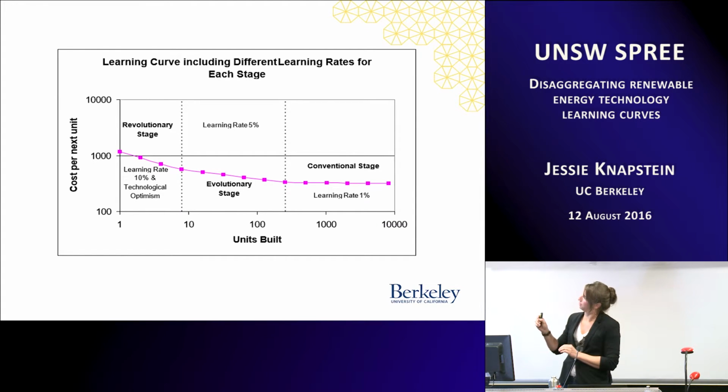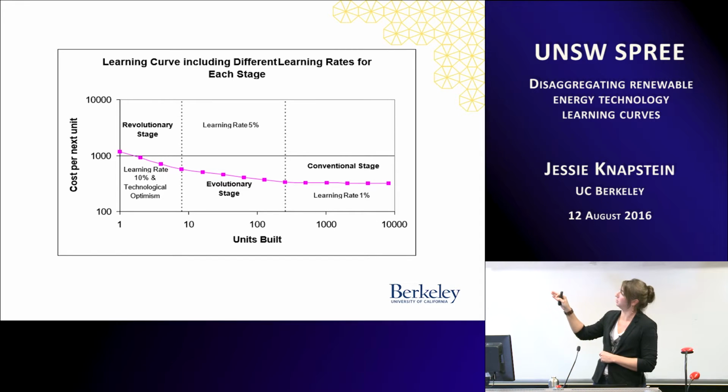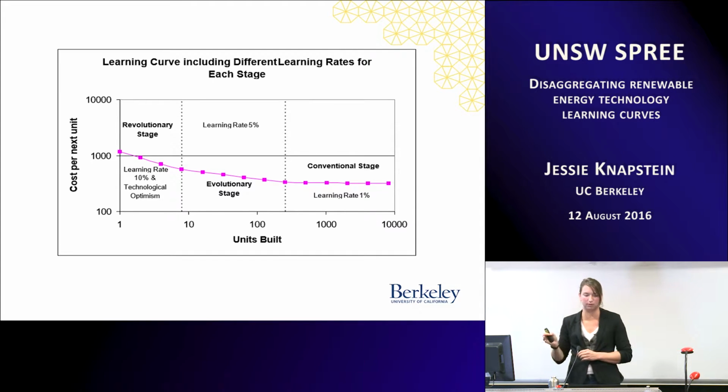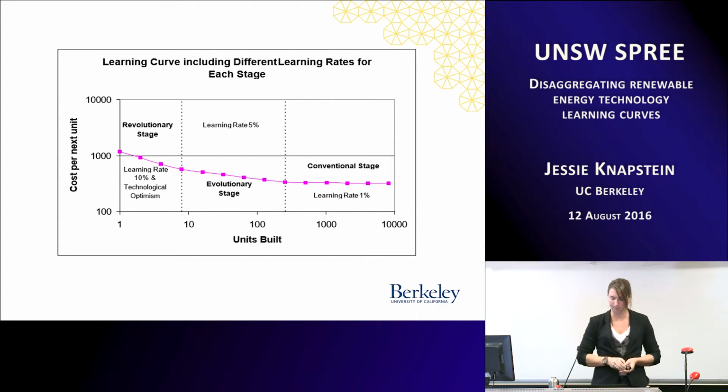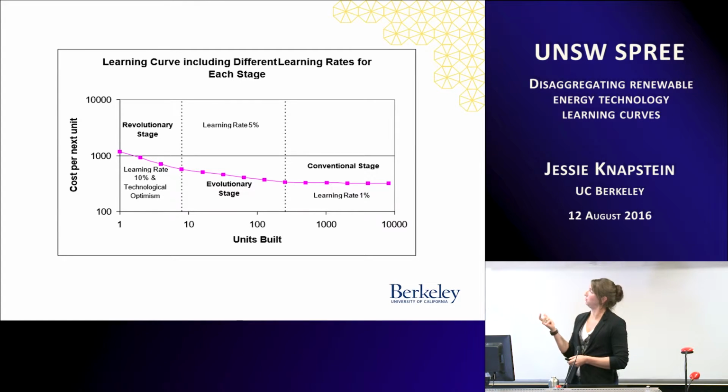It's very complicated, but basically for three doublings of installed capacity after the first commercial installation, it goes from a revolutionary stage to an evolutionary stage. And after five doublings, it goes into a conventional stage. So that's anything that has matured. And there are learning rates associated with each one of those stages.